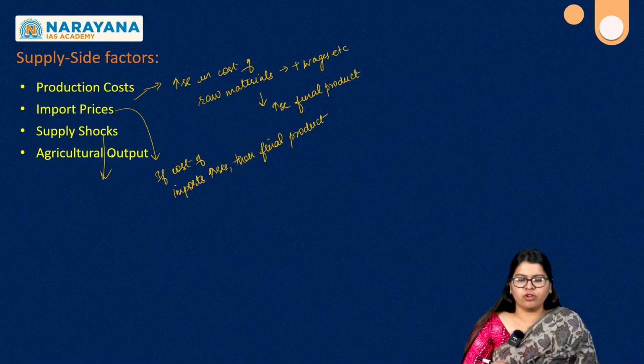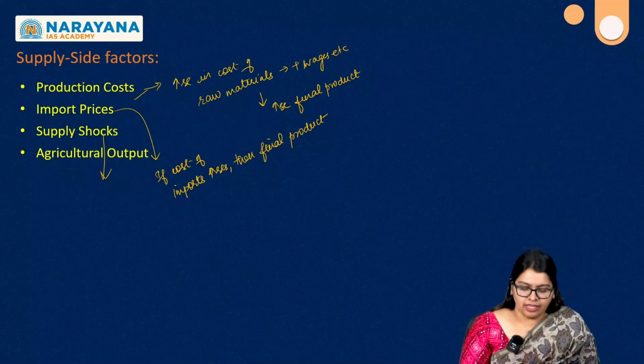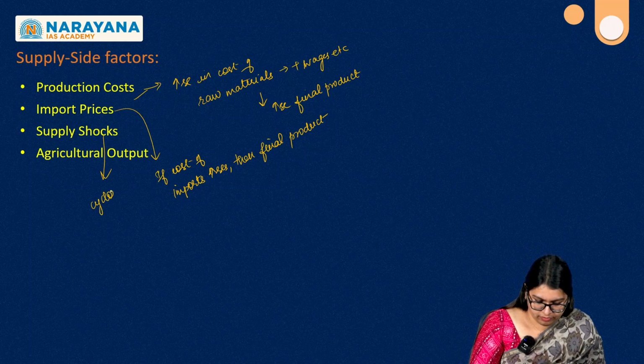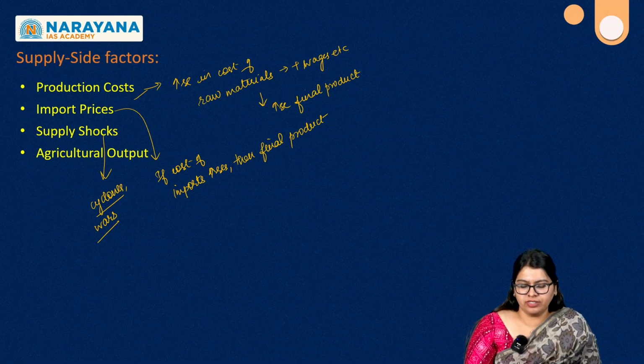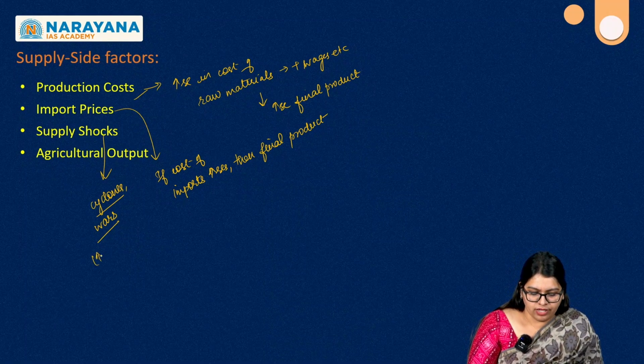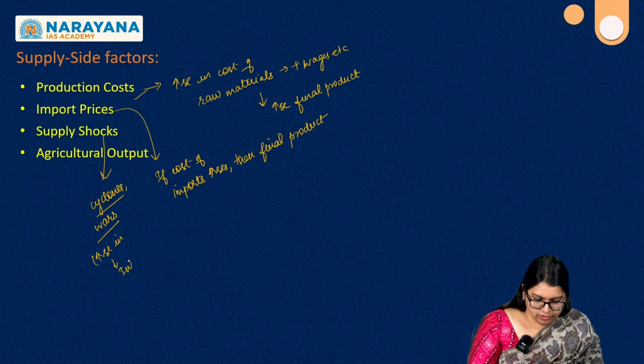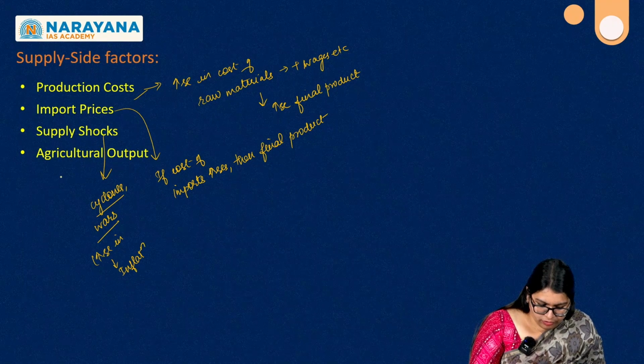And also supply shocks during catastrophes like cyclones and wars. There are huge supply shocks and disruptions in the supply chains. Thereby, this also leads to an increase in the price of commodities, causing inflation. Finally, there is agriculture output.